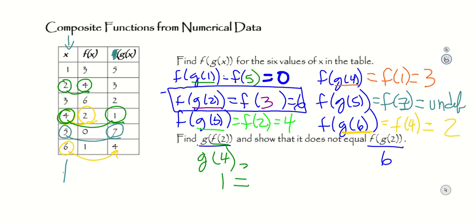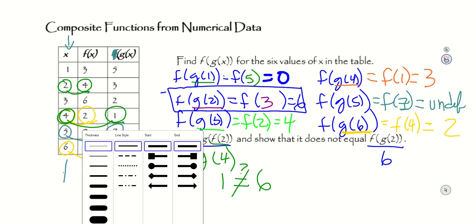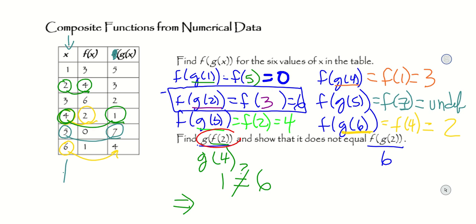Does 1 equal 6? No. So what can we conclude from that? What changed when we went from g of f of 2 to f of g of 2 was the order that we had our functions in.